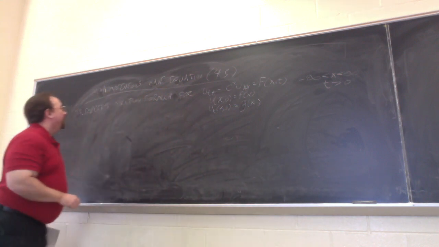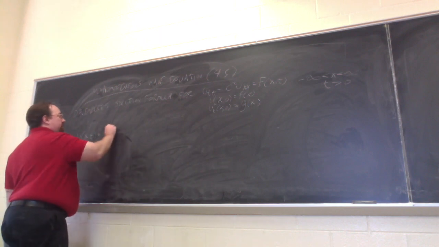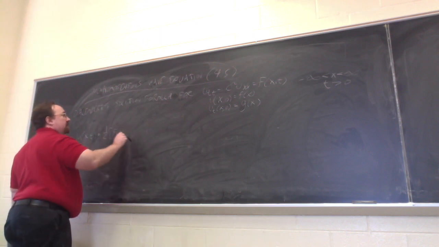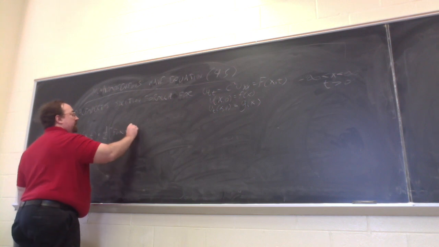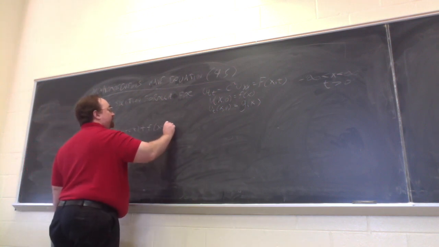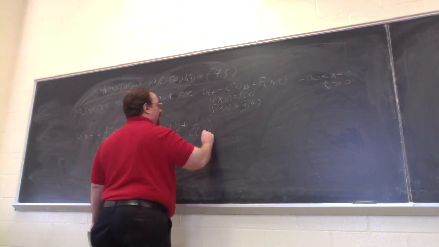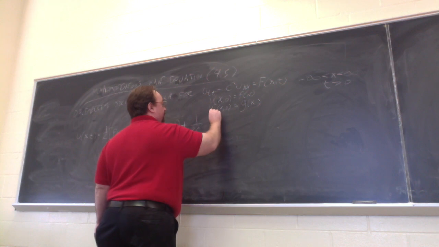Okay. So the solution formula is this. We have the familiar d'Alembert solution formula for the homogeneous wave equation. That's everything I've written up to this point, through this integral.